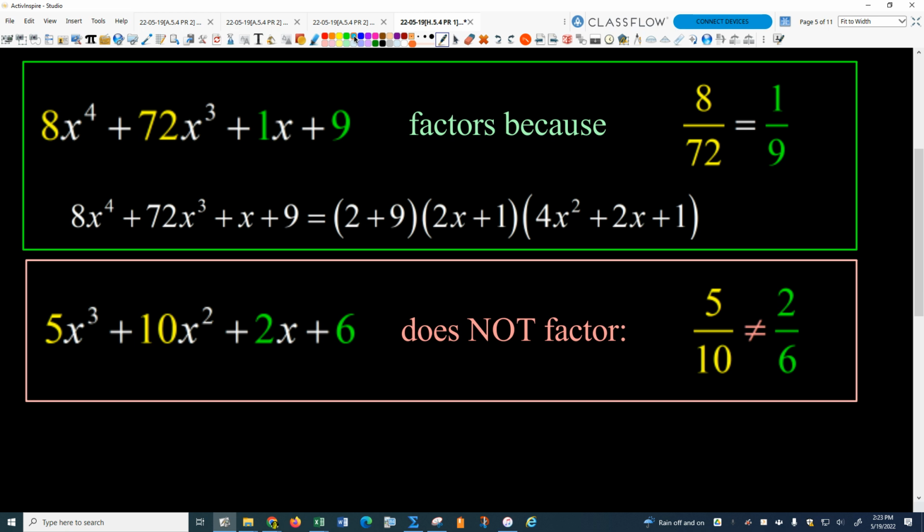You can always just cross multiply to see if you get the same cross products. 8 times 9 is 72. 72 times 1 is 72, and those are equal. So yeah, that one's going to work.